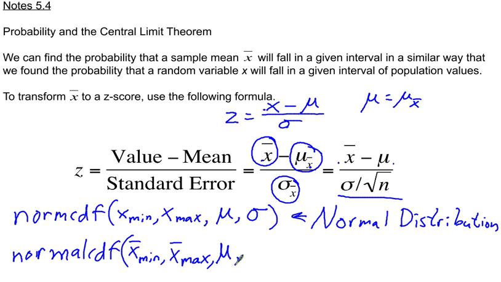And we don't have standard deviation anymore. We now have the standard error. But typically that's not given to us in the problem. Typically standard deviation is given to us. So I'm going to put standard deviation divided by square root of n. You can just enter that division into this part of the function on the calculator, and the calculator will do that math for us and give us the probability just as it did with the normal distribution.